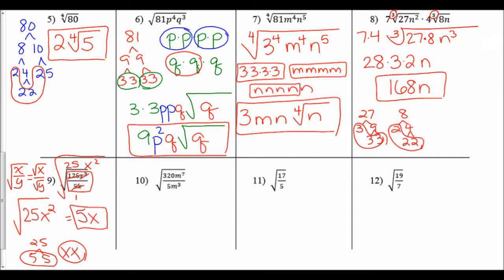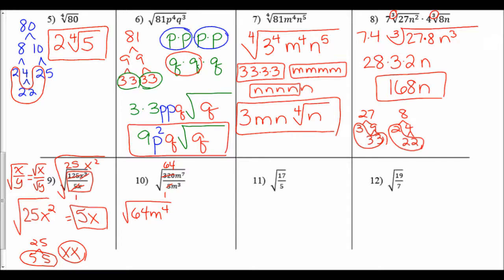So, number 10. In this one, we want to see, can we simplify our fraction? Well, yes, 5 goes into 320. How many times does 5 go into 320? It goes in 64 times. How about m to the 7th over m to the 3rd? M to the 7th over m to the 3rd is m to the 4th.